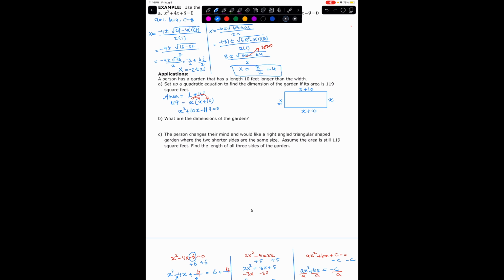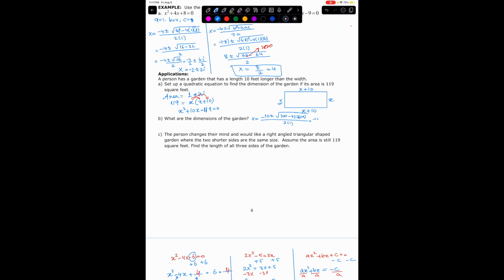So I'm going to try to do the math here. We're going to use the quadratic formula, of course. So we're going to plug it into the quadratic formula. We're going to say x equals negative 10 plus or minus square root of 100, which is 10 squared, minus 4 times a times negative 119 divided by 2 times a, which is 1.